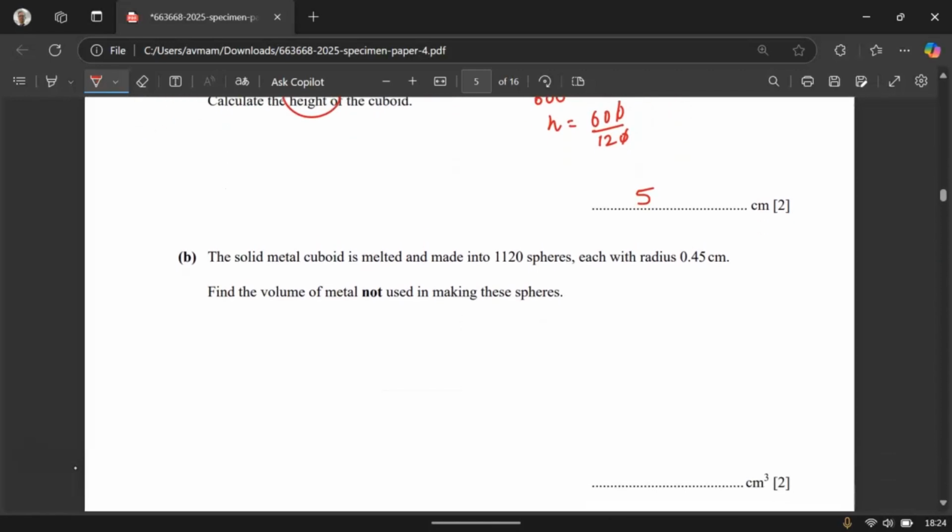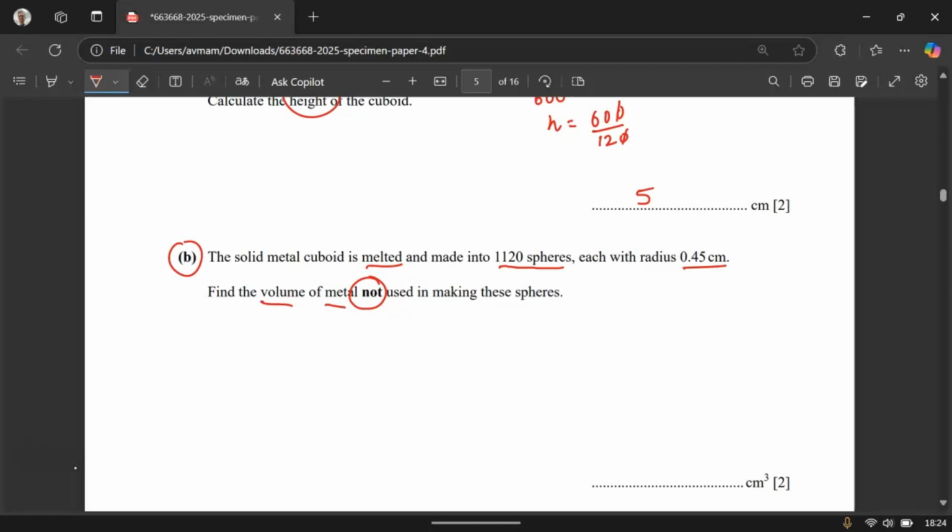Part B, the solid metal cuboid is melted and made into 1120 spheres, each with radius 0.45 centimeters. Find the volume of the metal not used in making these spheres. Now, as you know, all the formulas are given on the second page.